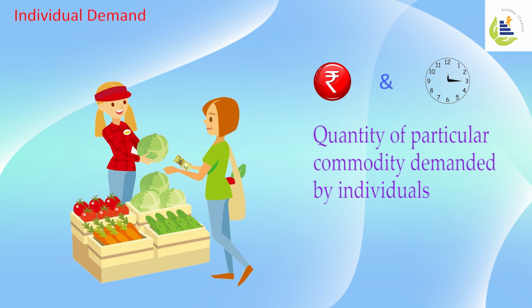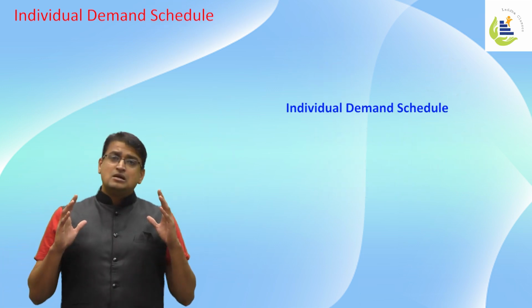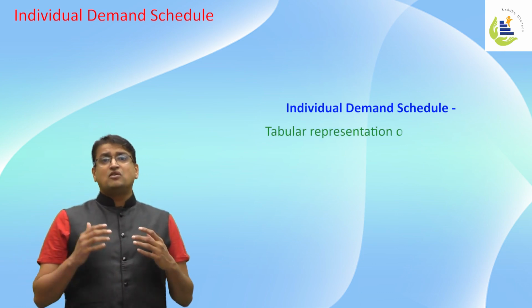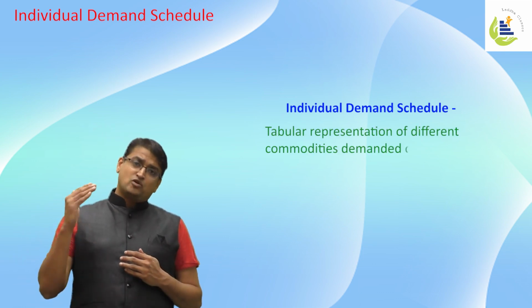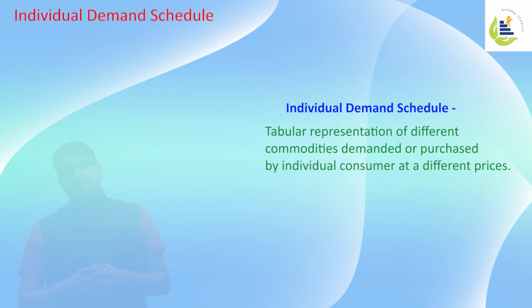In simple words, individual demand is quantity demanded by an individual. Now this whole individual demand can be nicely represented in an individual demand schedule. So what is an individual demand schedule? It's a tabular representation of different quantities of a commodity demanded or bought by an individual consumer at different prices.